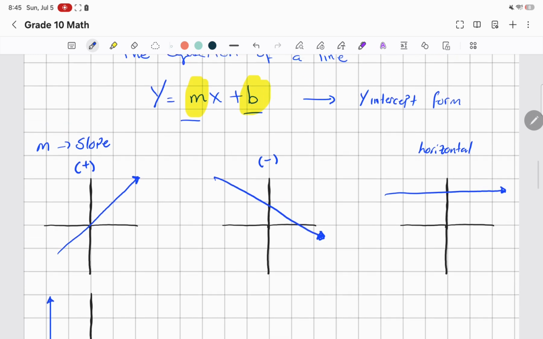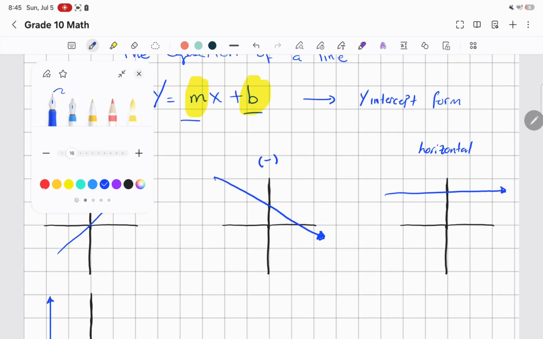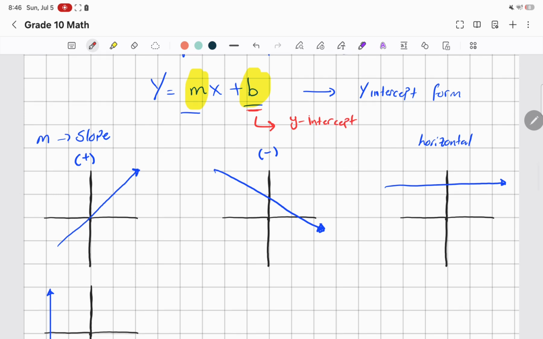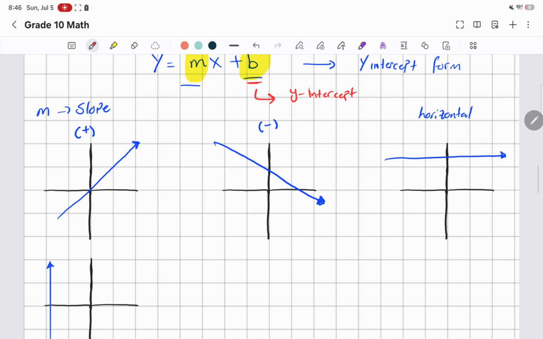Now in terms of the y-intercept, that is your y-intercept. Okay, the y-intercept is basically where the line crosses the y-axis.